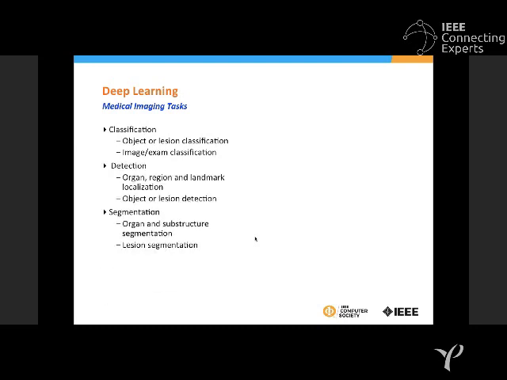So if we look into the medical imaging tasks, there are a plethora of tasks. Obviously classification and diagnosis, which I already discussed, and detection. Classification and detection work fine, but the most fundamental is that we need to do segmentation to separate out our region of interest from the rest of the image information.